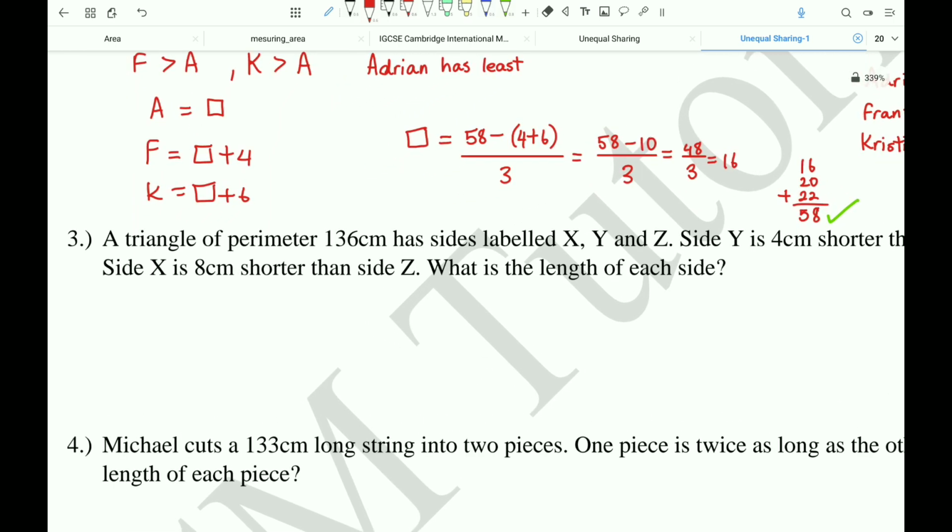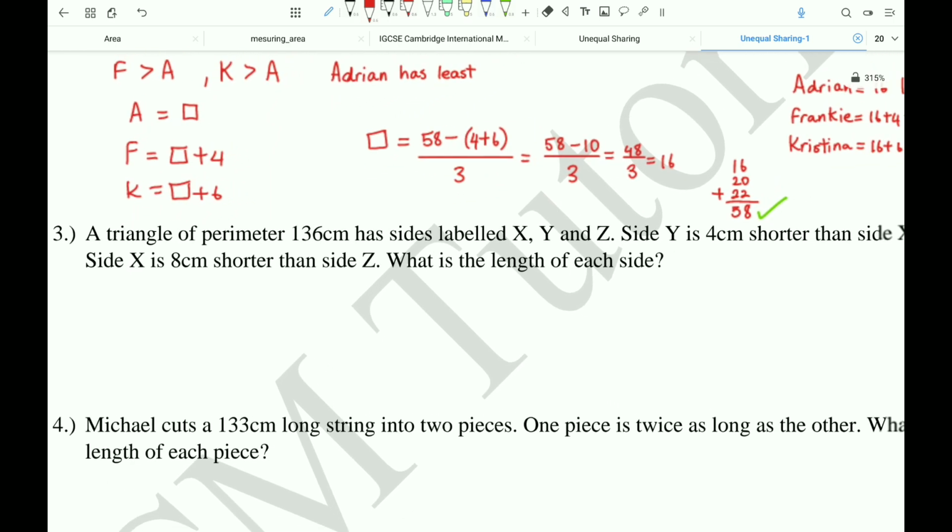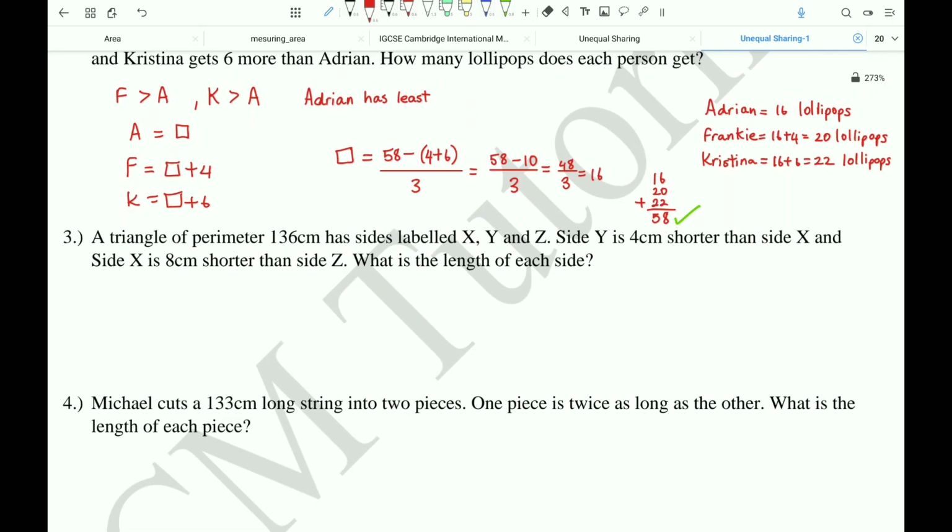Now in this case, of course we say we need to figure out who gets the least. In this case, we'll figure out which side is the shortest, X, Y, or Z. So let's start with the second sentence.